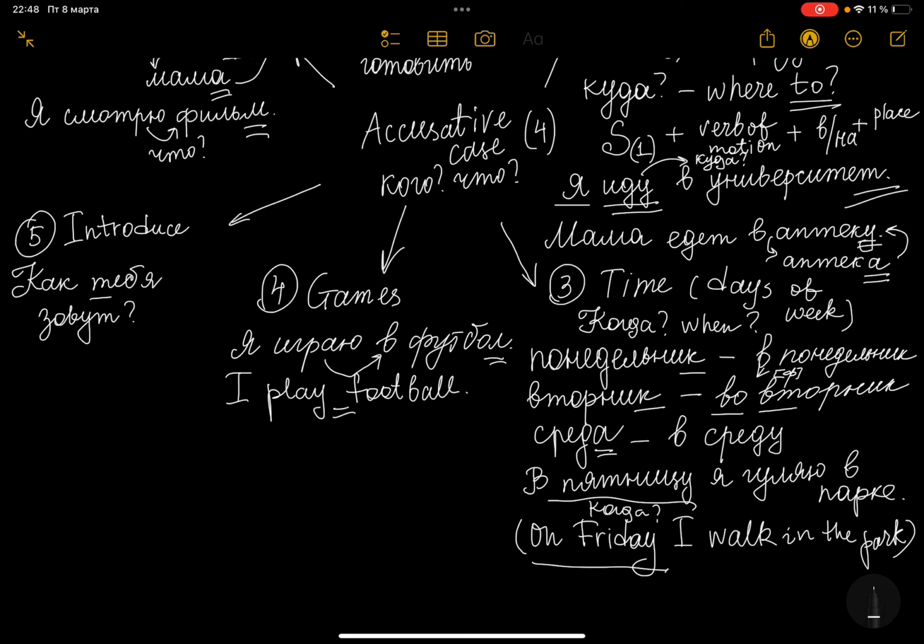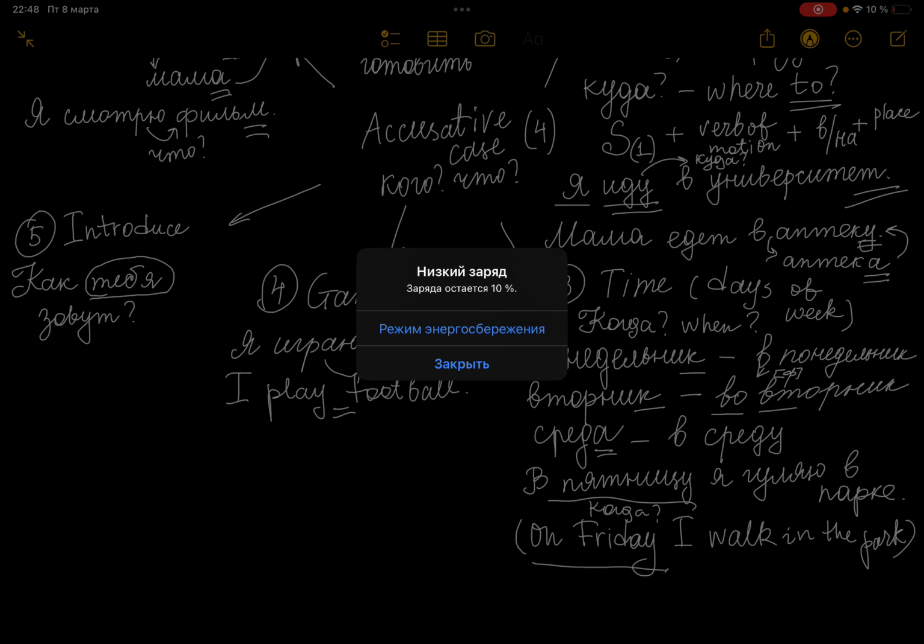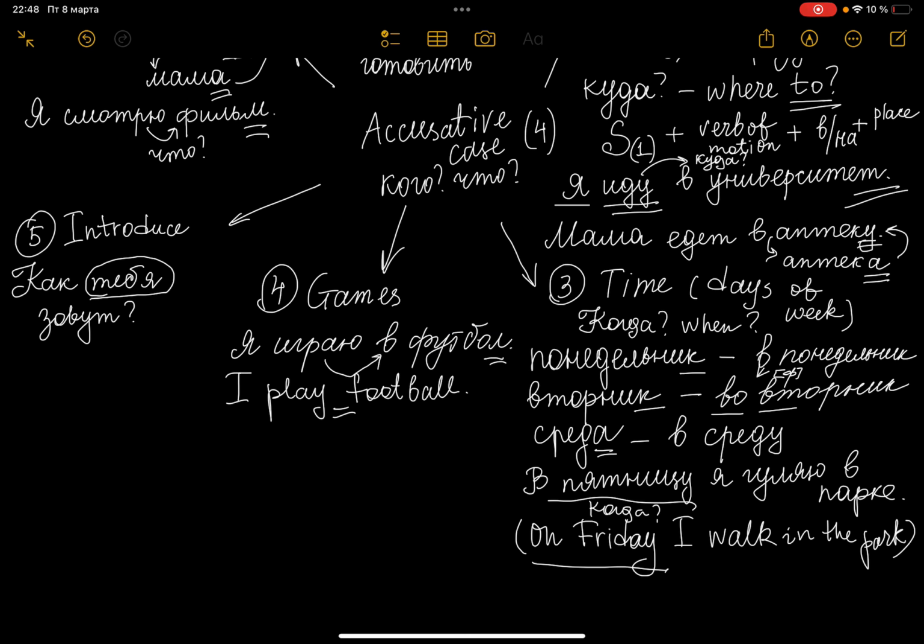Here, accusative case form is used. Тебя, it is personal pronoun ты, but in accusative form. It's a form of this pronoun in accusative case.